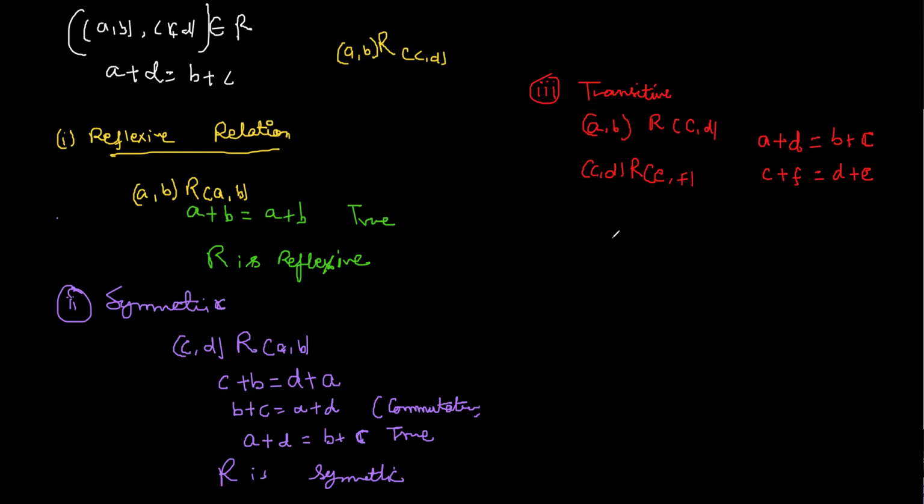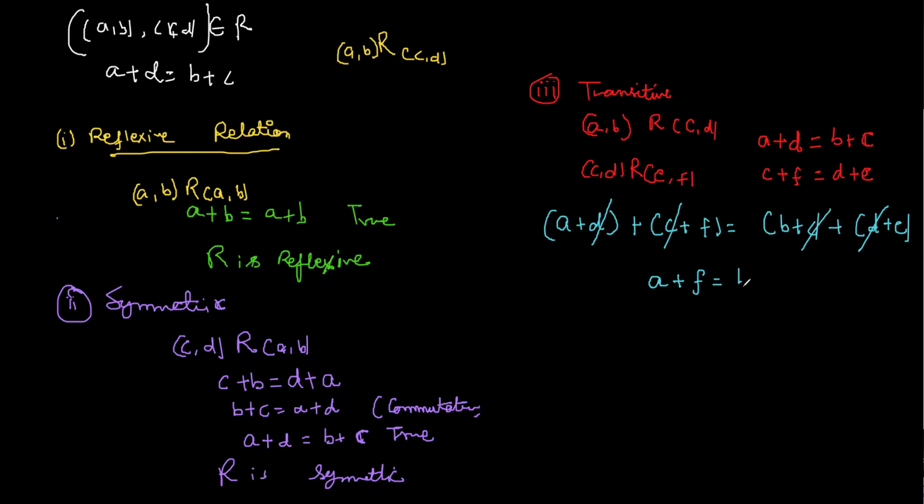Now add both the equations. A plus D plus C plus F equals B plus C plus D plus E, right? D cancels from both sides. And what more cancels? C cancels from both sides, right? So A plus F is equal to what? B plus E, right?